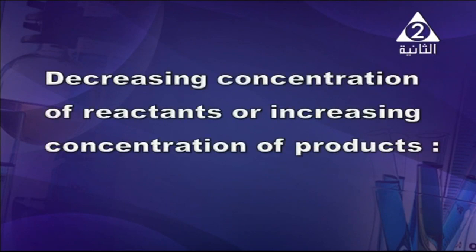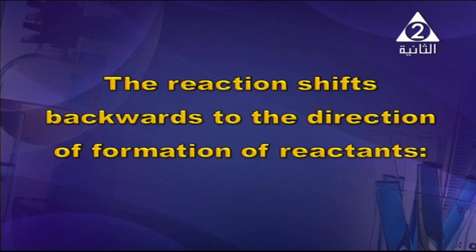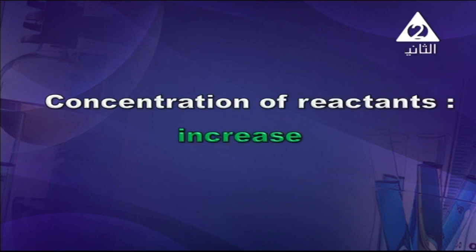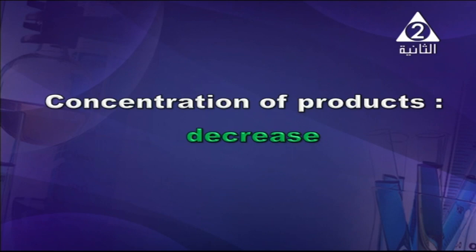Here, my dear student, on decreasing the concentration of reactants or increasing the concentration of products, the reaction shifts in the backward direction in the formation of the reactants. So the concentration of the reactants increases and the concentration of the products decreases.